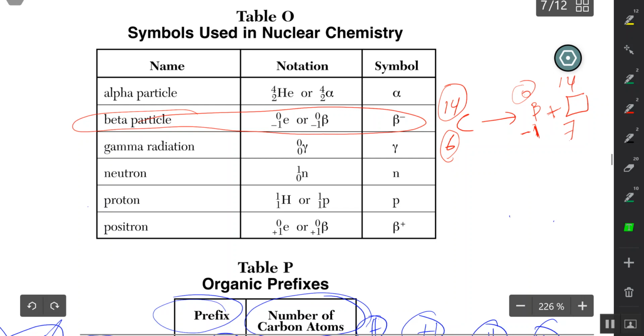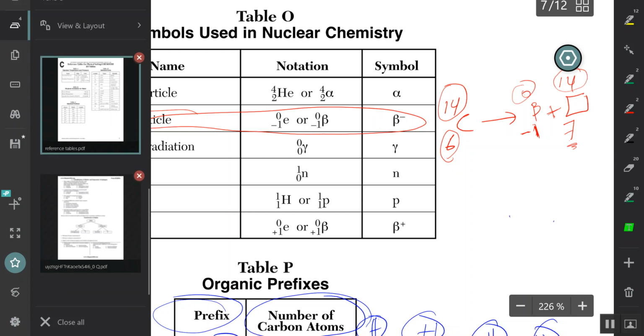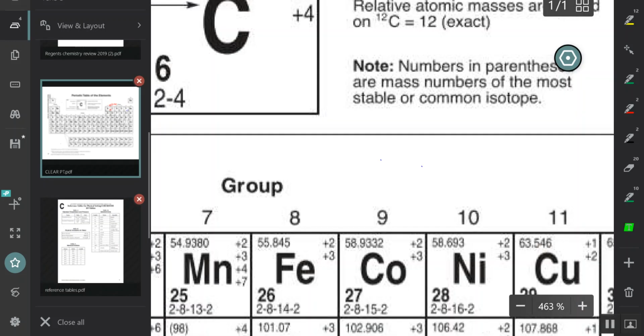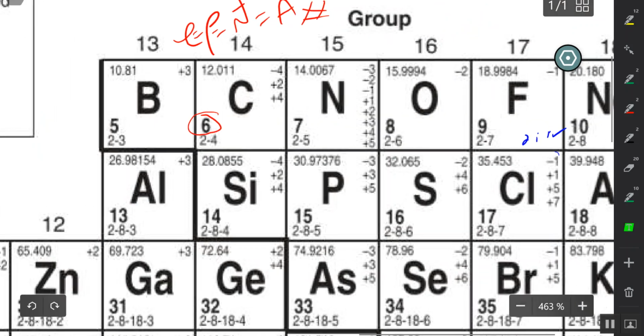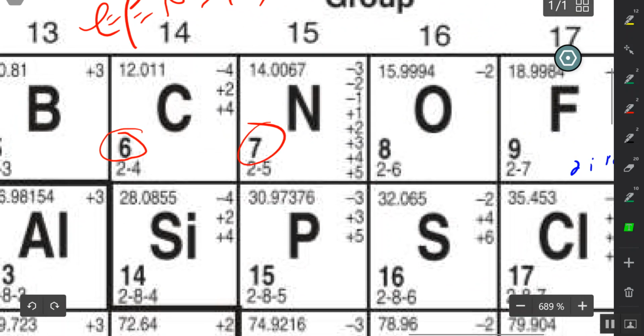Now I need to know what this element is. It's number 7 and has a mass of 14. You don't have to worry about matching the masses. You only have to worry about matching the atom number. So we'll look at the periodic table. We see that nitrogen is number 7. So that unknown element we were looking for is nitrogen.